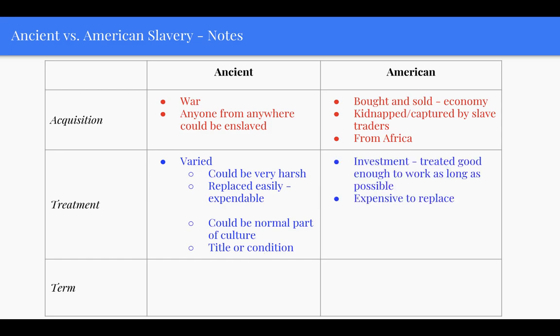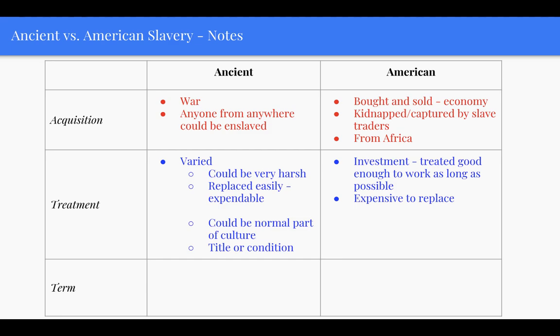Okay, now on to American slavery. Enslaved labor in the Americas was an investment. Because a person spent money on an enslaved person, they were treated just good enough to work as long as possible. So being fed just enough, being clothed just enough, sheltered just enough, having their health needs treated just enough so that you could continue to work.